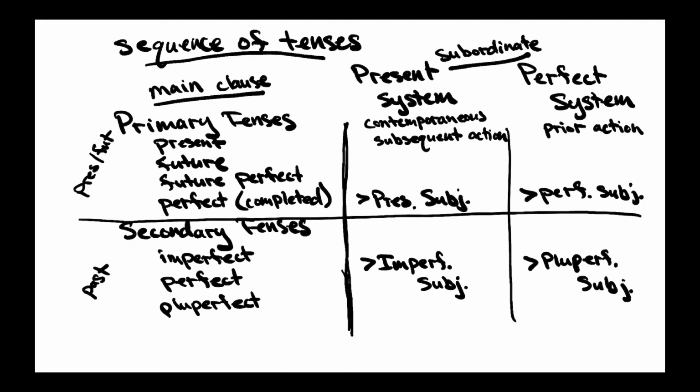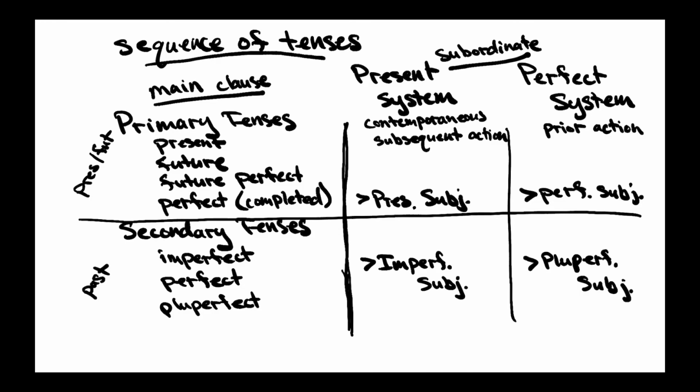Whereas in the perfect system, it's already happened. It's already in a state of having happened. Okay? And so if you want to talk about prior action, the perfect is prior to the present. And the pluperfect is prior to the past. Okay? Again, you don't need a future tense.